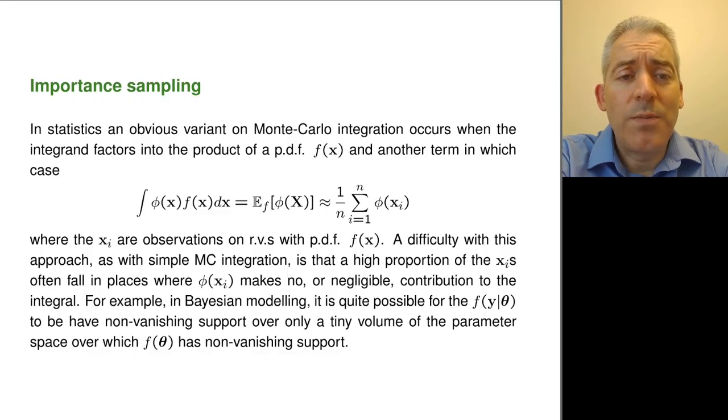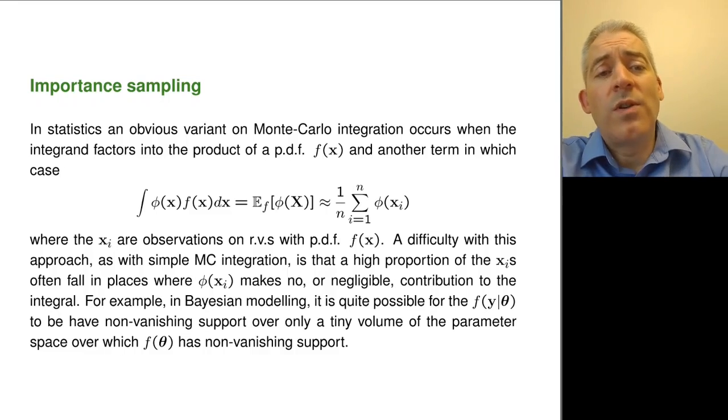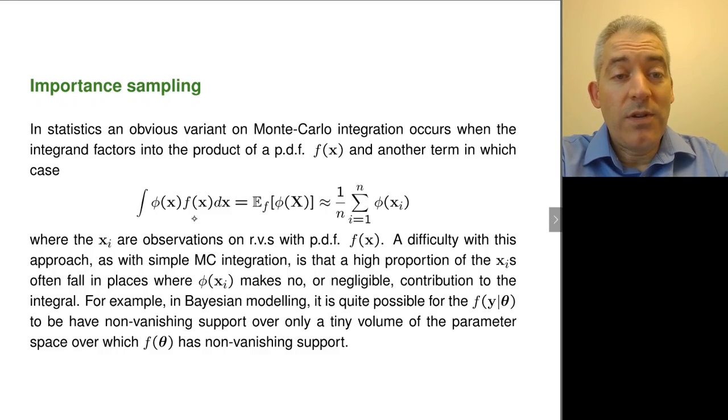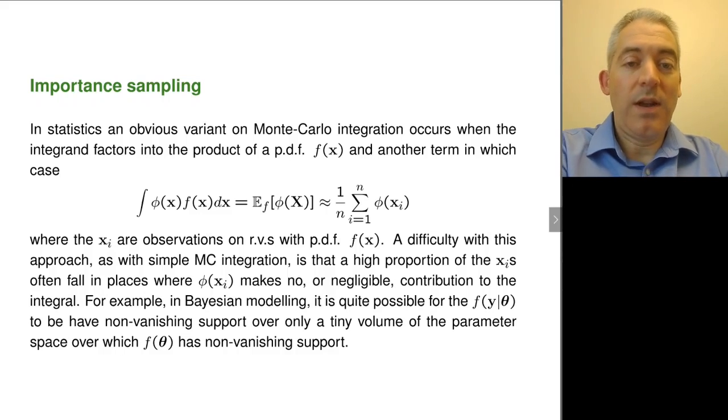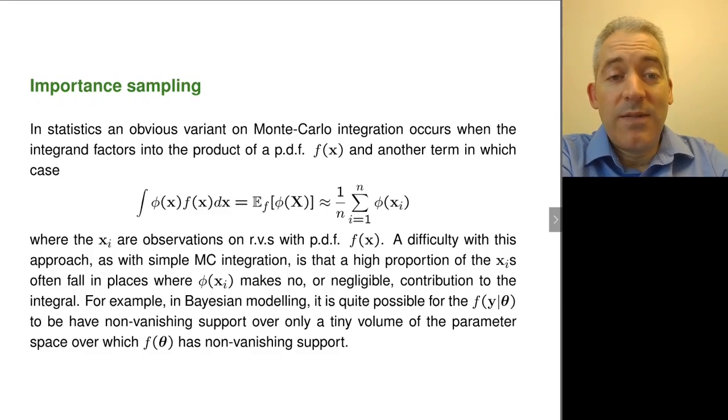So the first thing to observe is if your integral is the product of two things where one of them is a density that you can sample from, then there is a very obvious way that you can construct a Monte Carlo estimate of that integral, and that is to regard that integral as being the expectation with respect to f of phi of x. Again, that's more or less the definition of that expectation.